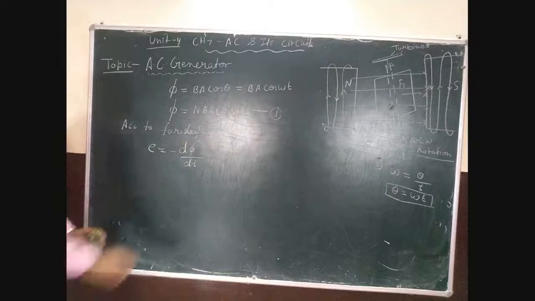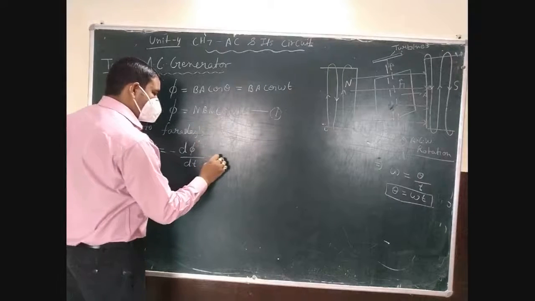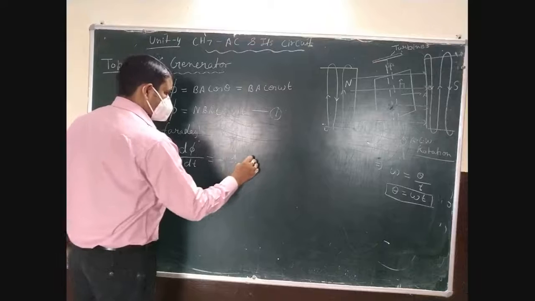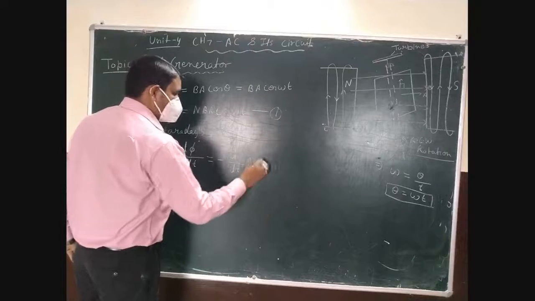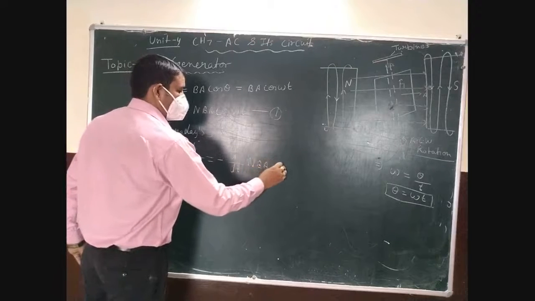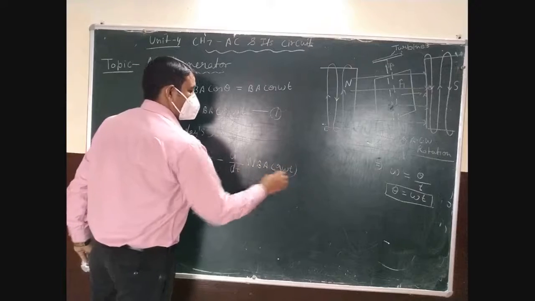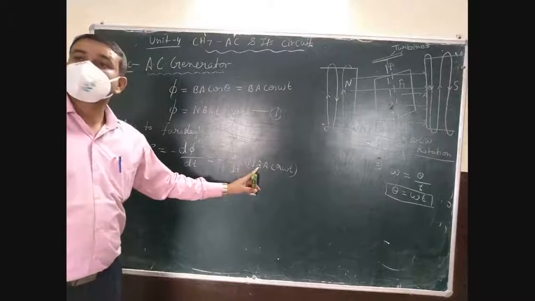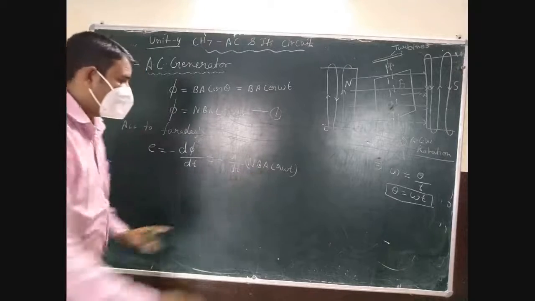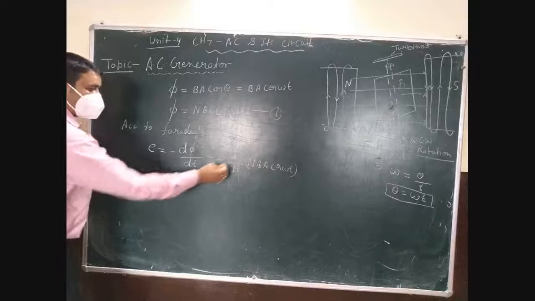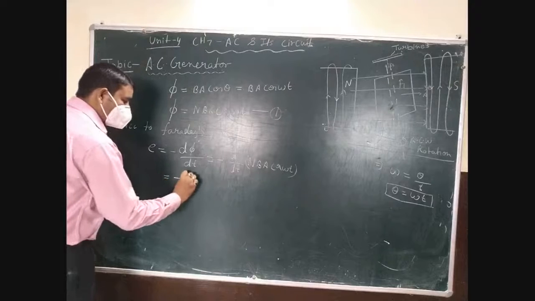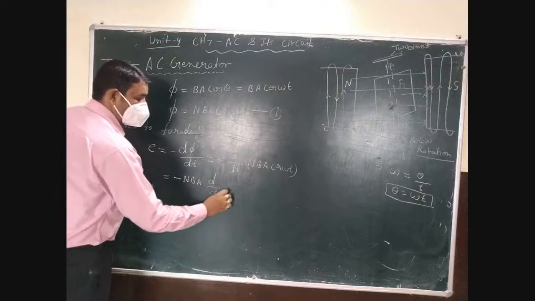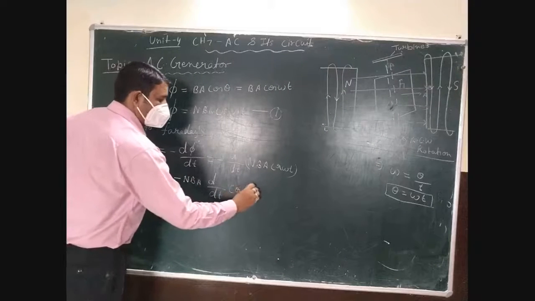Now by using this relation we get minus d over dt of NBA cos omega t. Now N is constant, B is constant, A is constant. Take these out from the differential operator, minus NBA d over dt cos omega t.